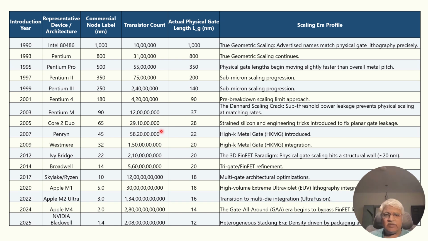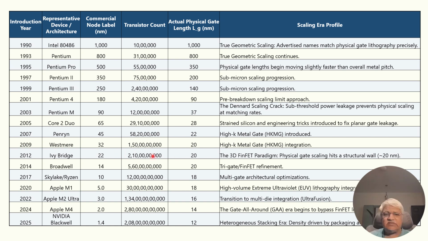If you observe carefully, there is a difference between the commercial node label and the physical gate length. These are two different items. In the earlier years, the commercial node in nanometer and the physical gate length in nanometer were equivalent, so they closely corresponded.